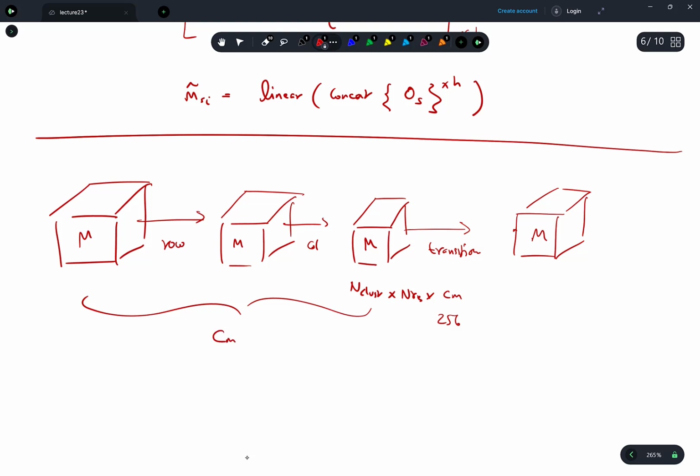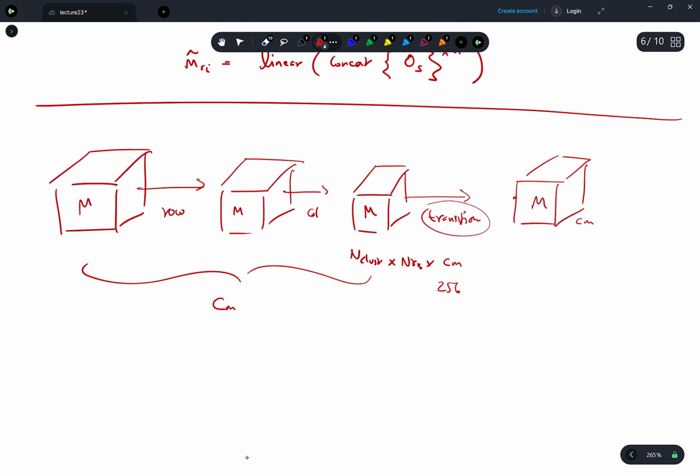So what does transition do? First you do a linear, and this linear will basically map CM to 4 times CM. So you do the first linear on the input tensor. This tensor remains the same, meaning CM goes in and 4 CM comes out.